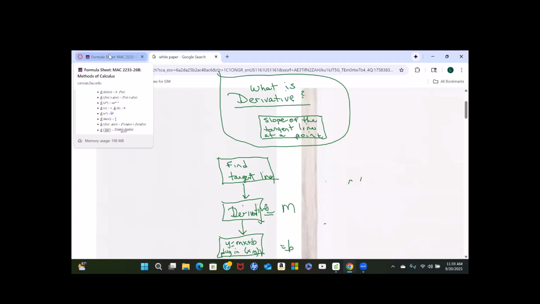The slope is 6, and then I'd have to find the y-intercept for that line, because it's a line. And to find the y-intercept, here it says plug in my x and y that I'm given. Does this make sense?